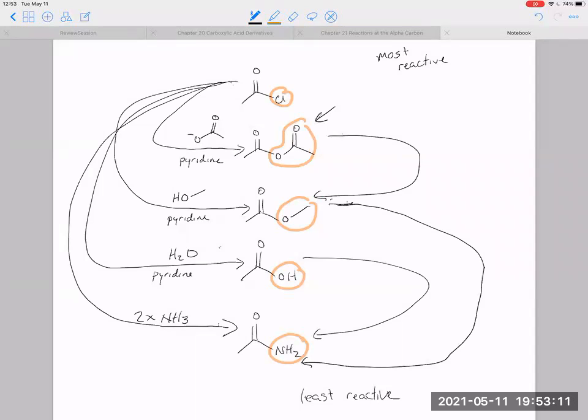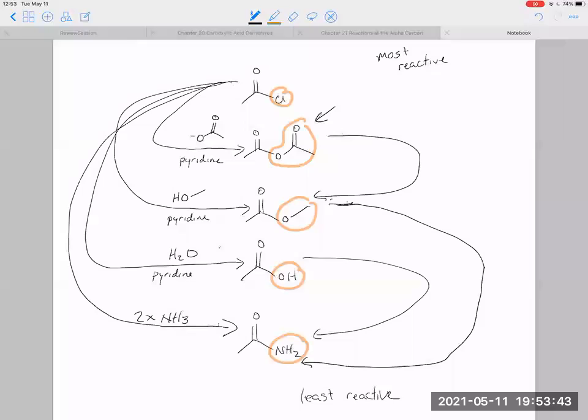For the first one, going from the acyl chloride to the acid anhydride, you can also make that an alcohol instead of the enolate, right? No, well, that's not what we learned. Because the reason is, well, first of all, if you had this here, that would react with your pyridine, and so you would just create the carboxylate. However, I think the better way to think about it has to do with the gap.